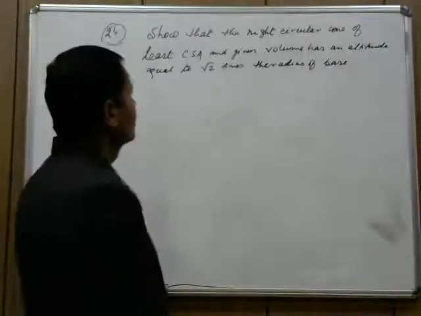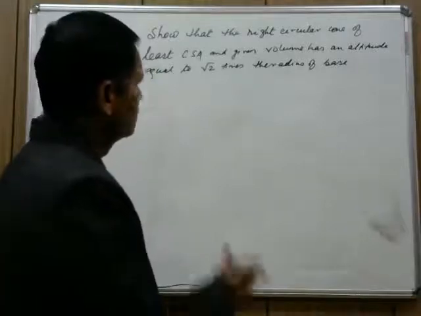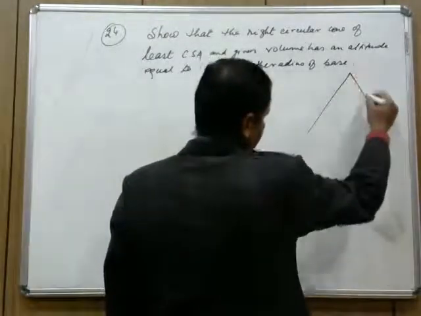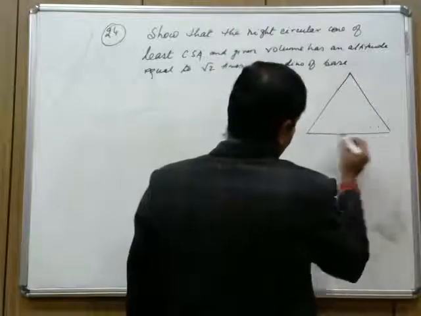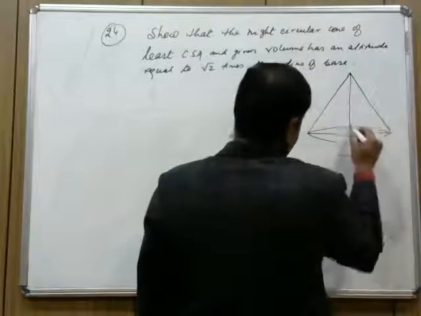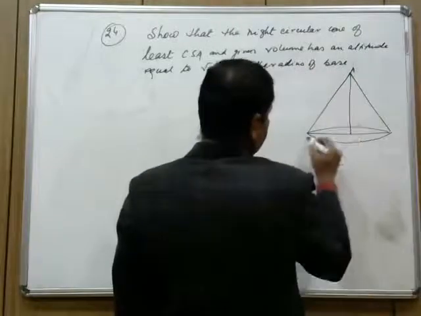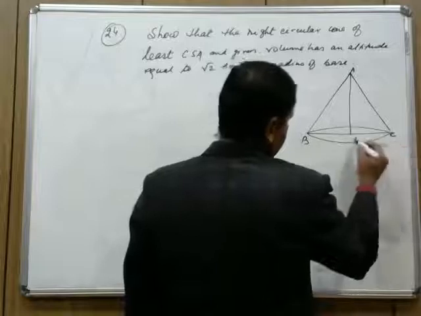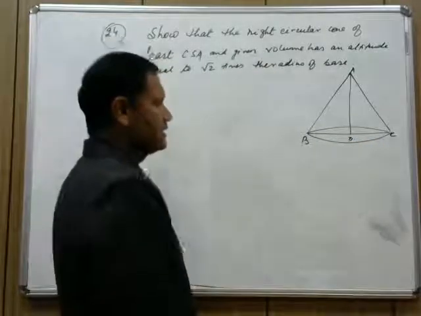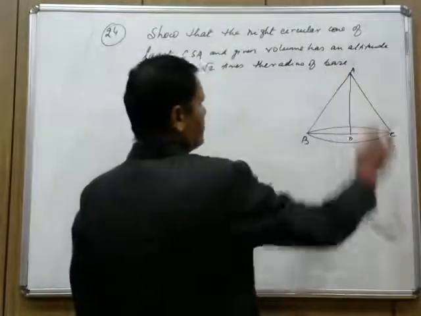Right? The right circular cone ABC is a cone in which DC is the radius and AD is the height.